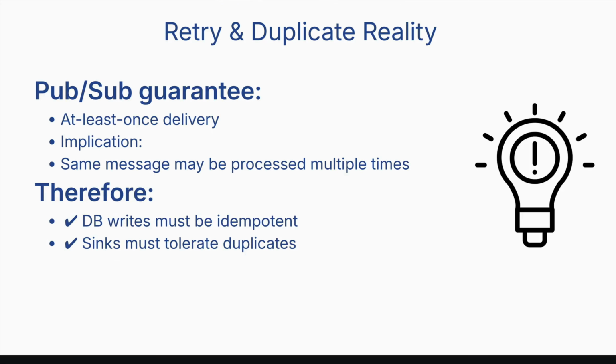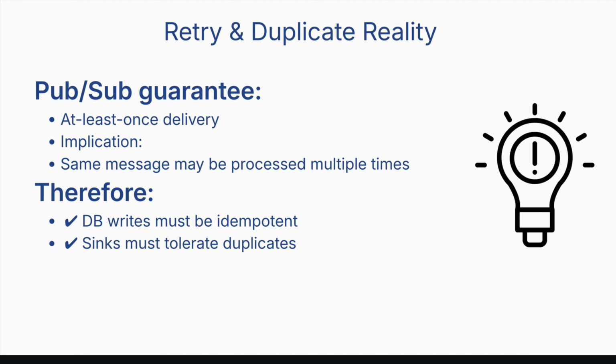Now, PubSub provides at-least-once delivery. They have also introduced exactly-once delivery. With at-least-once delivery, the same message can be processed multiple times even though the acknowledgement deadline has not expired. With exactly-once delivery, the message is redelivered only once the acknowledgement deadline has expired.